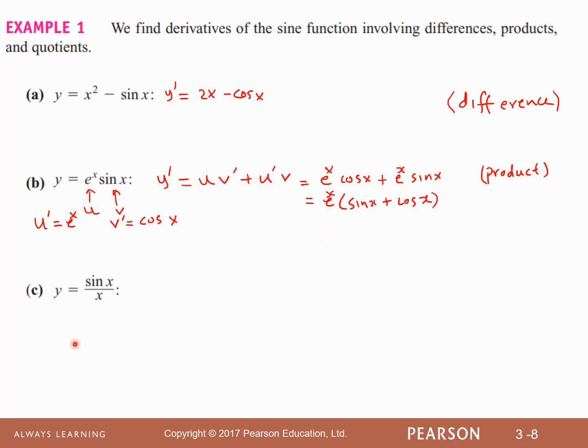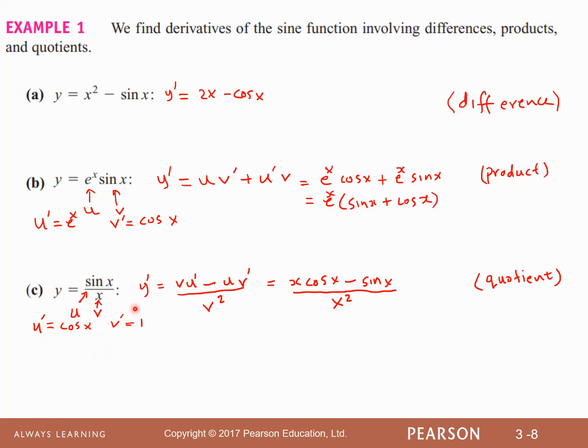The last example is obviously an example for the quotient. So we can just say we're going to set sine x to be equal to u and x to be equal to v. So u prime will be cosine x and v prime will be equal to 1.